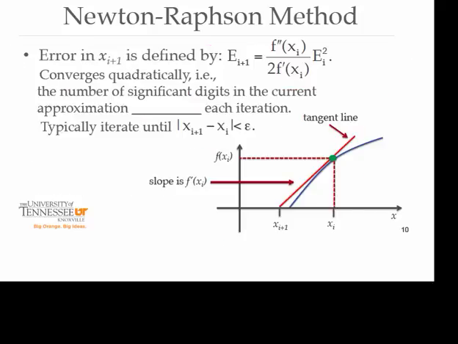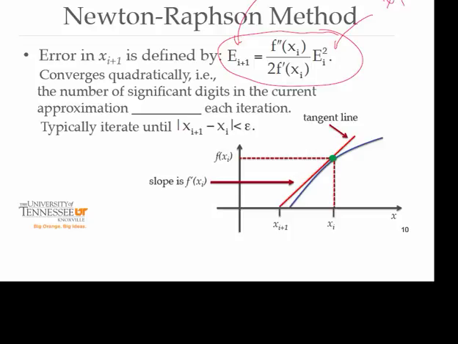So the error in the next iterate would be given by this particular form, that you can show that the error associated with your new approximation is a multiplicative factor times the error that you had with the x_i term squared, and the multiplicative term is this ratio, the second derivative at x_i divided by 2 times f prime of x_i. So what's really important here is this is a representation of the error at x_i, and this again is our representation of the error at x_{i+1}.